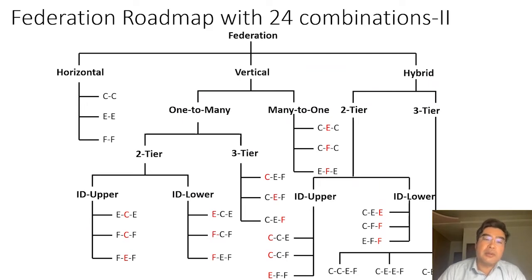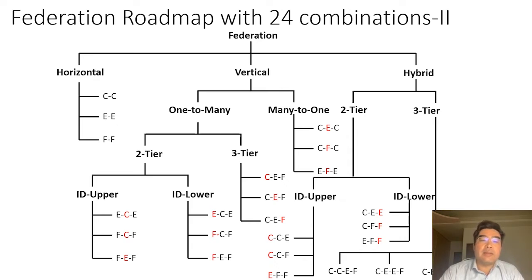So now let's count why there are so many combinations. For possible federation, we can look at horizontal, vertical, and hybrid. Horizontal means that the domains or the providers are at the same tier, for example cloud to cloud, edge to edge, fork to fork.